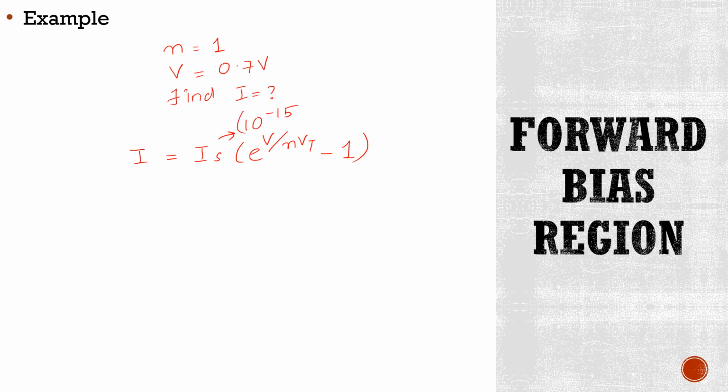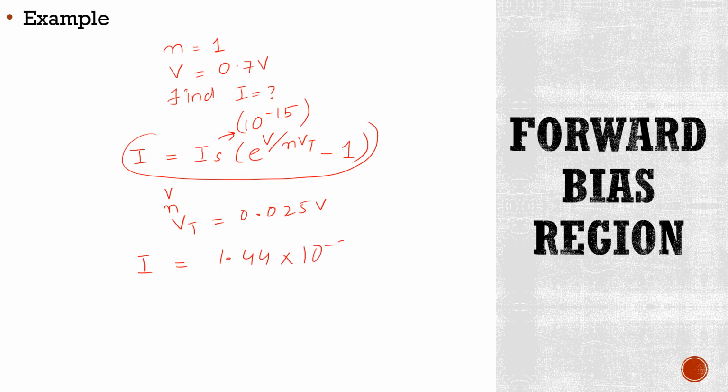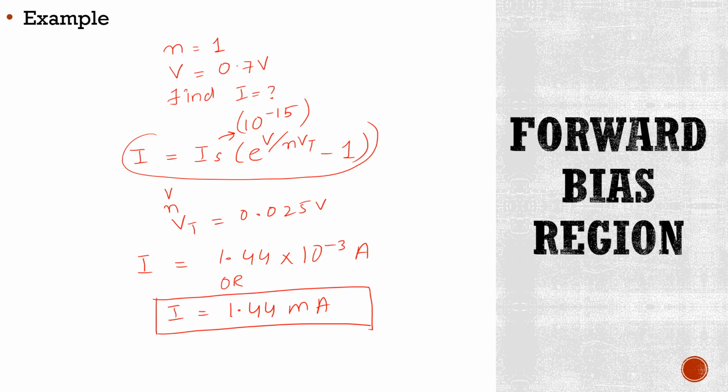It is also fixed in most cases. Now we know V, we know n, and we know Vt, which is 0.025 volt. So after putting all these values in this equation, you will get I is equal to 1.44 into 10 raised to the power minus 3 amperes, or I is equal to 1.44 milliamperes. So this is how you are going to find current using the diode equation.